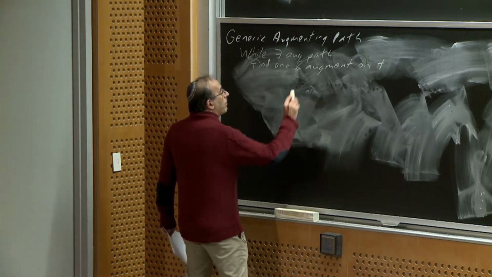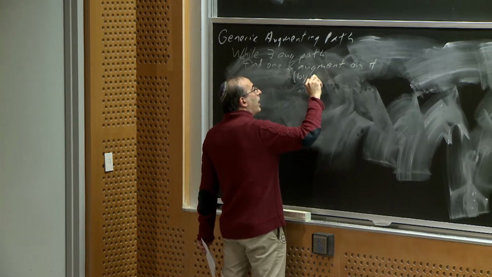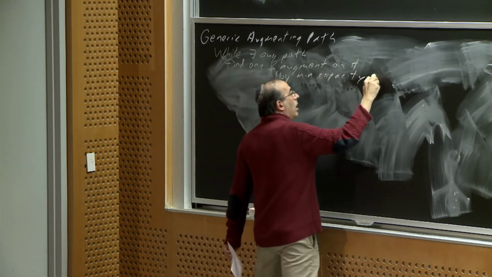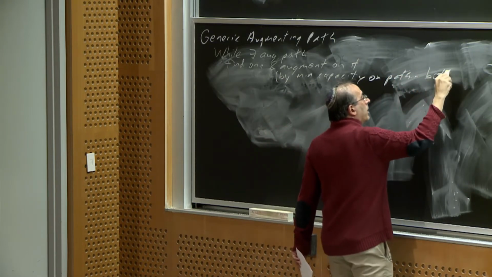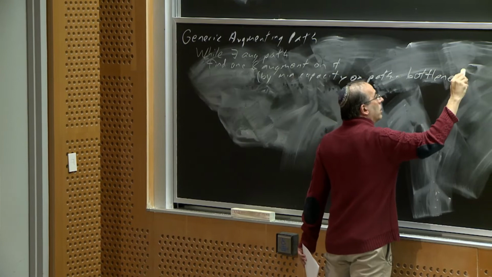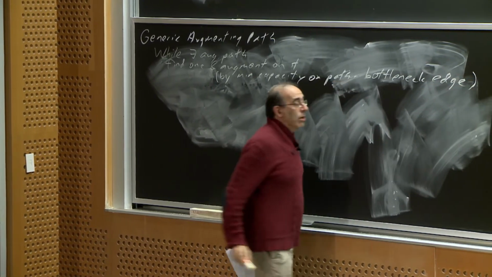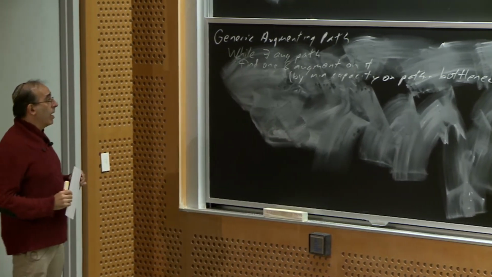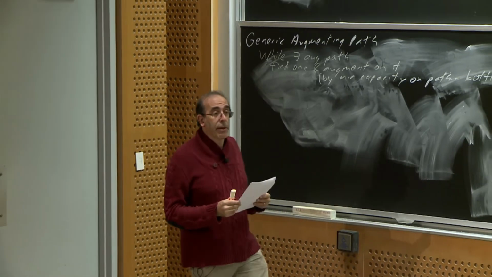So this is implicit: you're going to augment by the minimum capacity on the path, and the particular edge which has that minimum capacity is often called the bottleneck edge on the path. You'll sometimes talk about the bottleneck capacity, but that really just means the minimum capacity on the path.